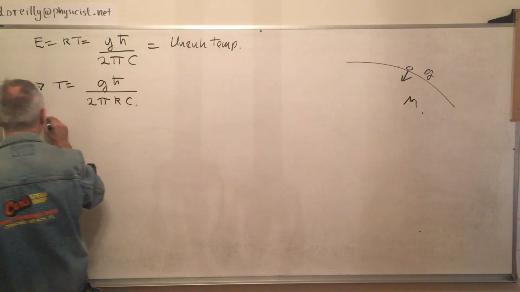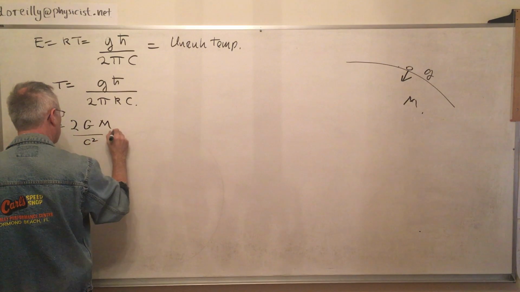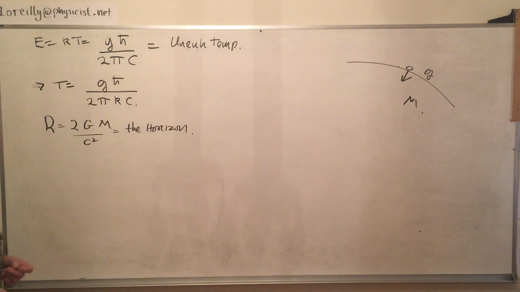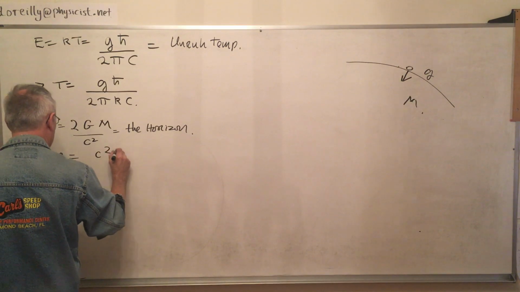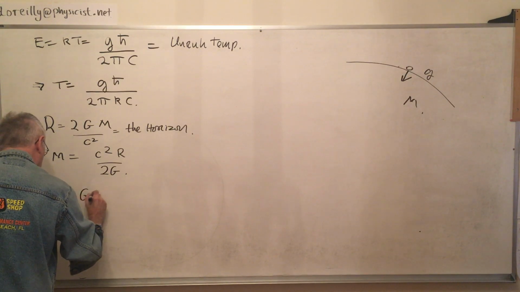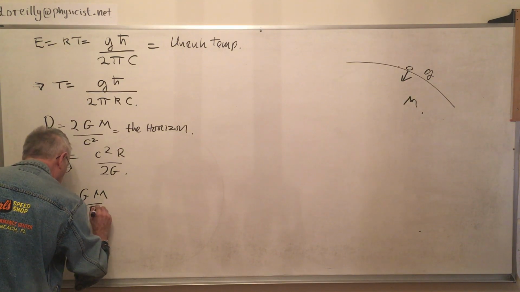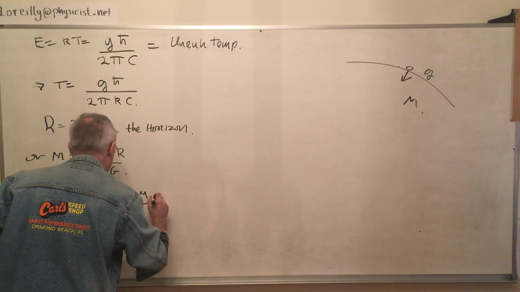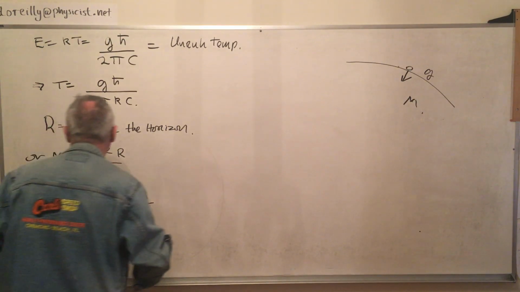Now, of course, to be a black hole, we need an event horizon whose radius is that. Just rearranging. Now, put in for r squared down here, put 1 over it.